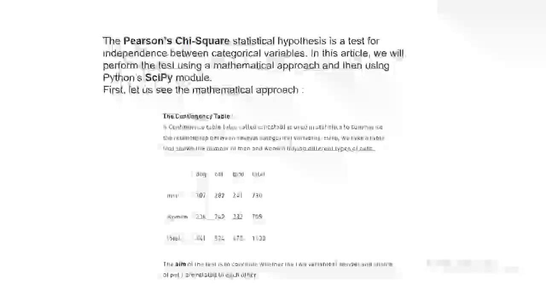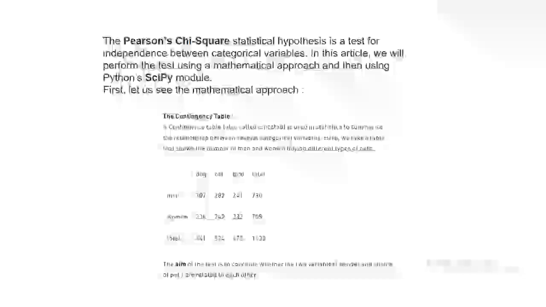When it comes to gender, we have men and women. How are you going to verify whether there is some significance, whether there is an impact of gender on the buying pattern of pets? Here the problem is that both variables are categorical, so you cannot apply a t-test. In that scenario, you have to come to the chi-square test.